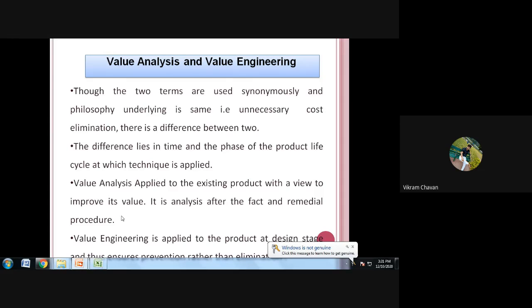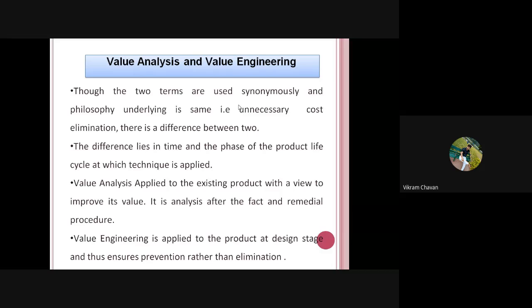Next, value analysis applied to the existing product with a view to improve its value.